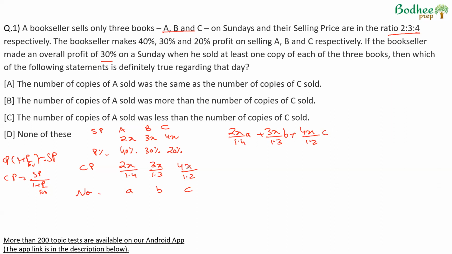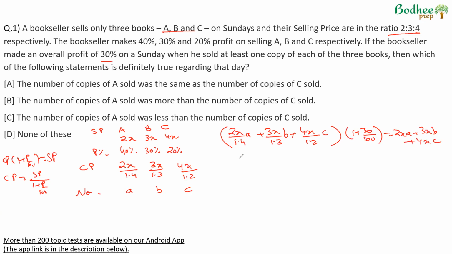This is total cost price, into 1 plus profit upon 100. Profit overall is 30%, so 1 plus 30 upon 100 will be equal to the selling price. Selling price is 2x into A plus 3x into B plus 4x into C.